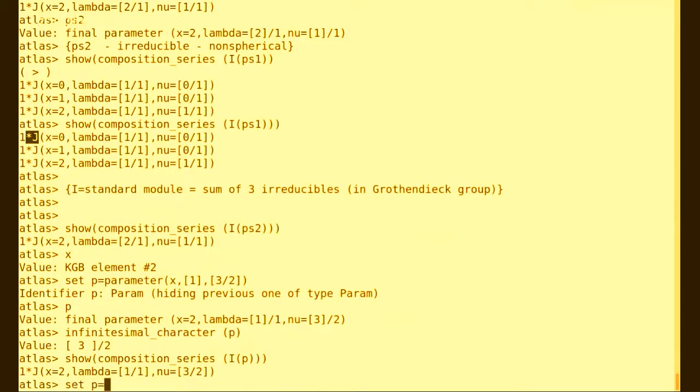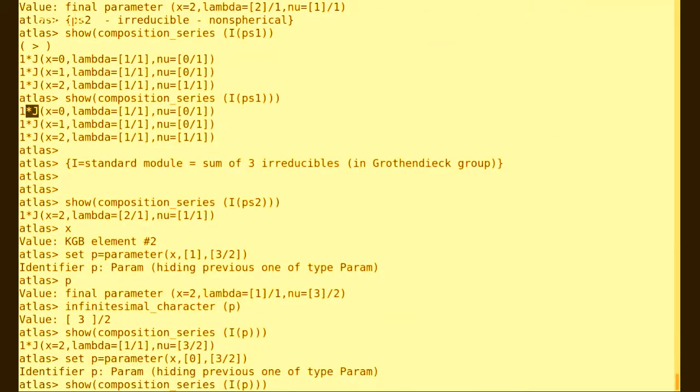You can say that P is the parameter X1 with anything for nu, or there's another family which is given by setting the lambdas equal to 0.